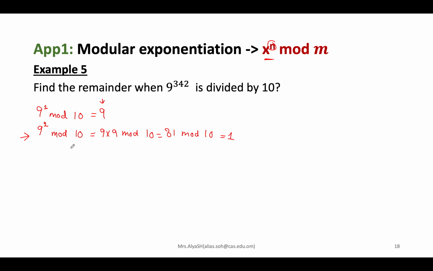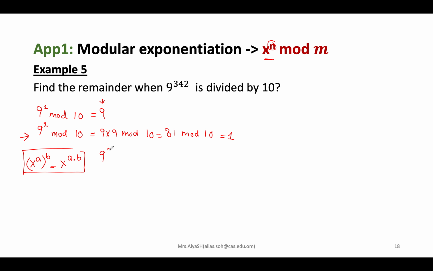How to do so? We all know that x to the power a, all to the power b, equals x to the power a times b. So what I can do here is convert the huge number to a smaller number. So I need to change 9 to power 342 to 9 square. And how will I do this? I just need to apply the rule here.